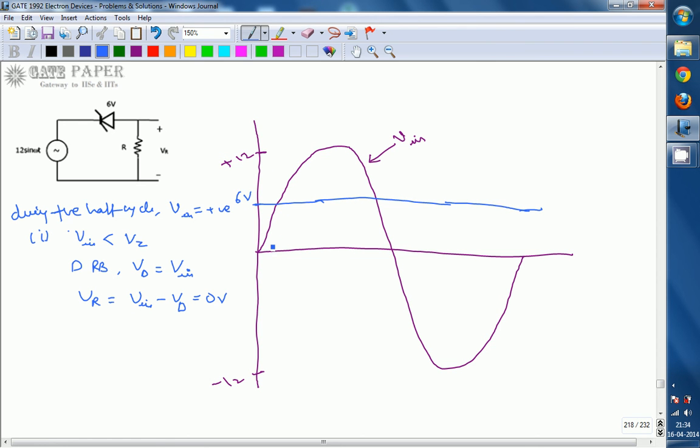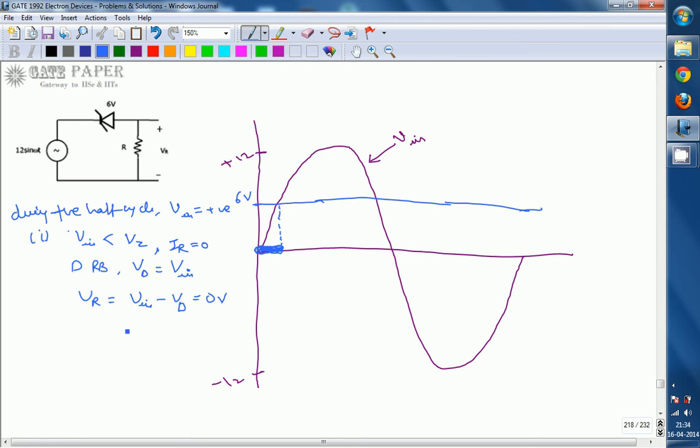Below this line, in this first portion, the output is going to be 0, because the diode is under reverse bias, so the entire input voltage is taken by the diode itself and there is no voltage left for the resistor. Under reverse bias no current flows, so the reverse current IR is 0.